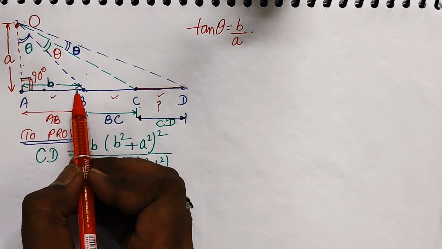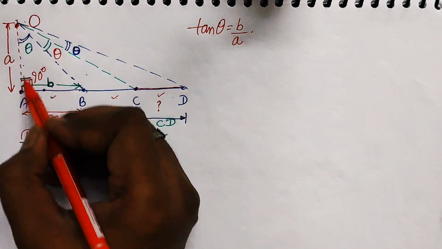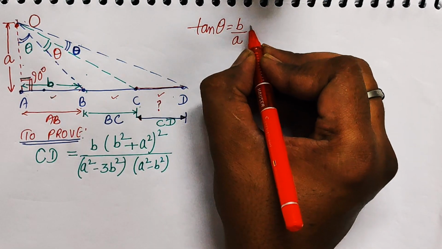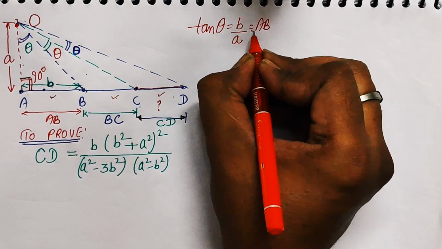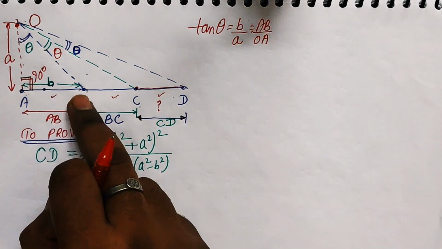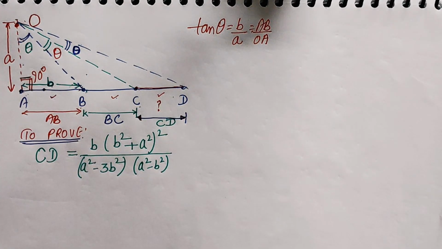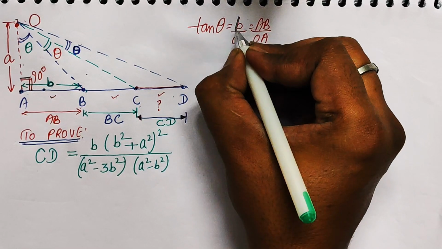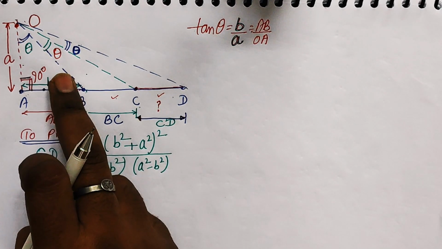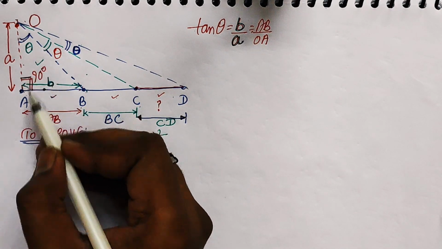So tan theta is perpendicular by base, which is basically AB by OA. The length of AB is small b and the length of OA is small a. So tan theta is equal to b by a, from the first triangle.